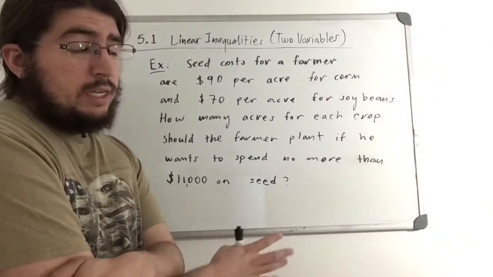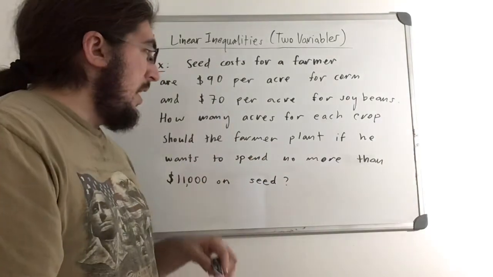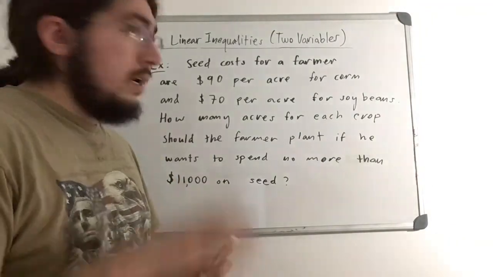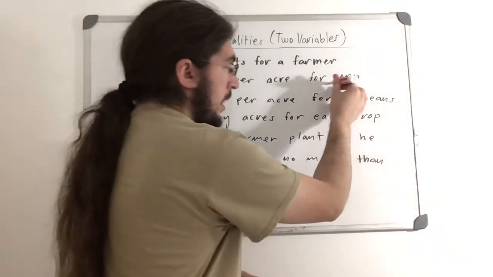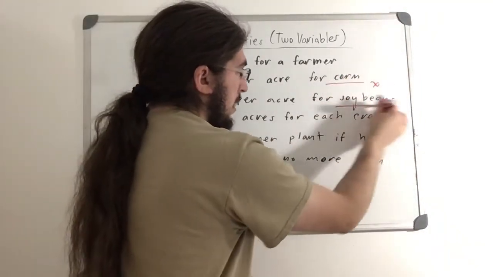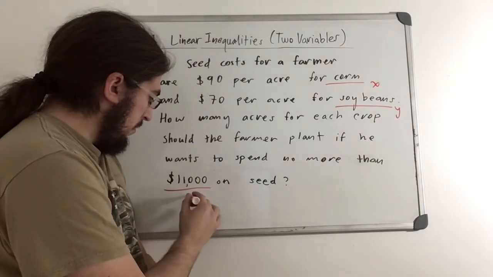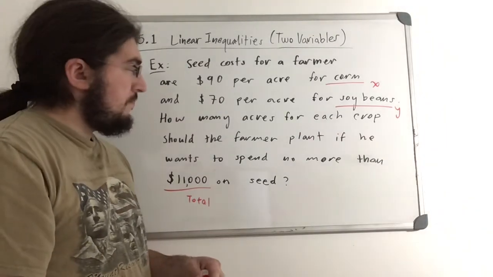All we're going to do really is just graph those solutions as a region on the XY plane. And there's something interesting that happens, but I guess the first thing that we can do on this screen here is we can label corn as, let's say, x and soybean as y, and this will be the total amount, so let's keep that in mind. And in fact, I can give you the inequality right now.